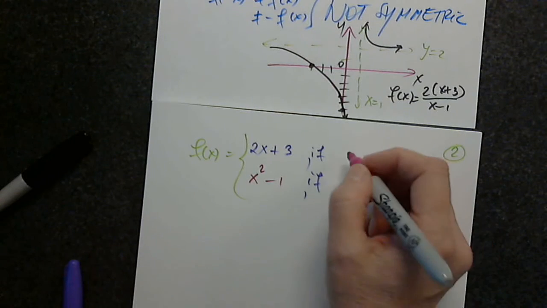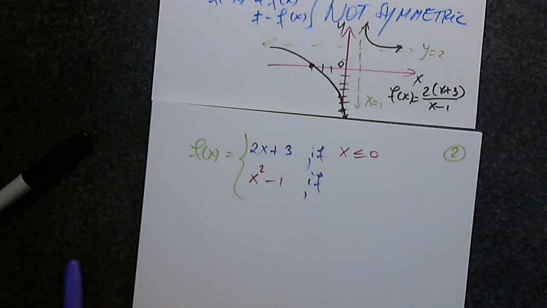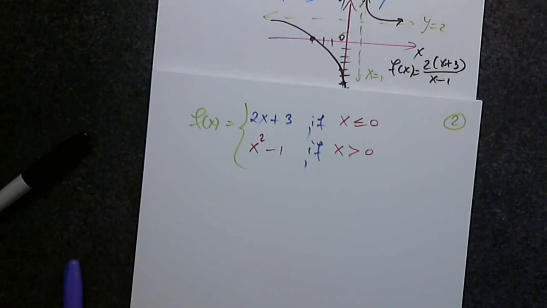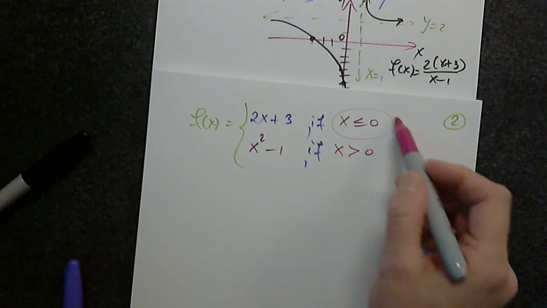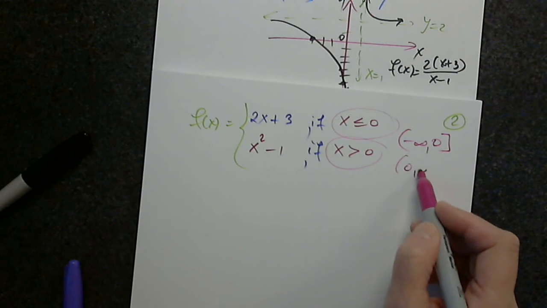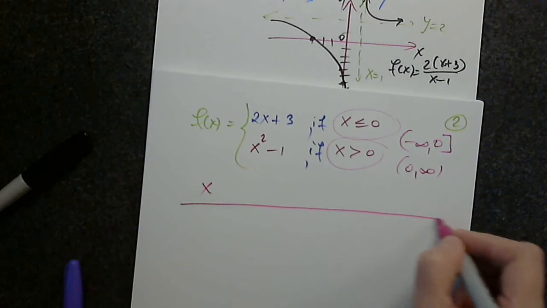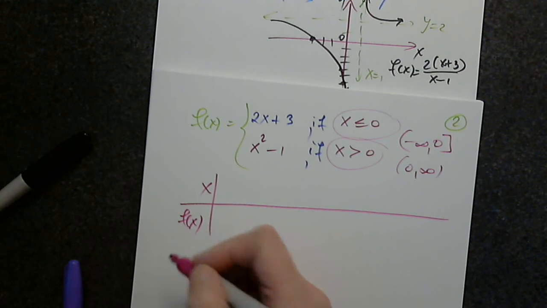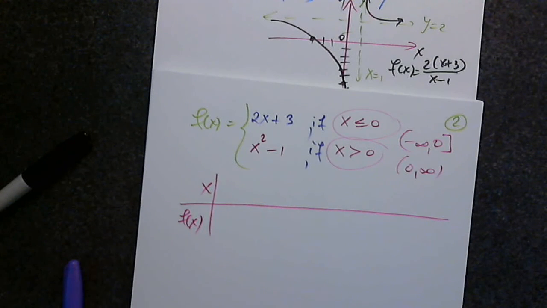So let's say if x is less than or equal to 0, and if x is greater than 0. Excellent. Good pick. Obviously, this is negative infinity to 0, and this is 0 to infinity. And what is the domain of the entire function f of x?